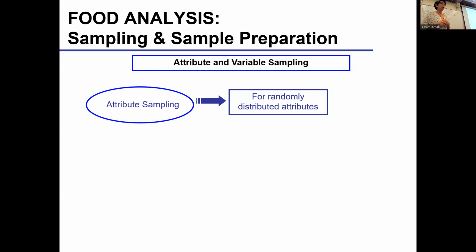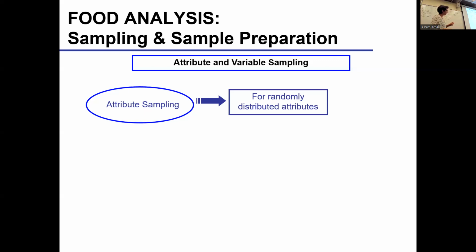Example, if we are looking for presence of Clostridium botulinum, which is supposed to be 0 in your product after retorting, you shouldn't have any, and you pull a sample can and you find Clostridium botulinum, what do you do then?